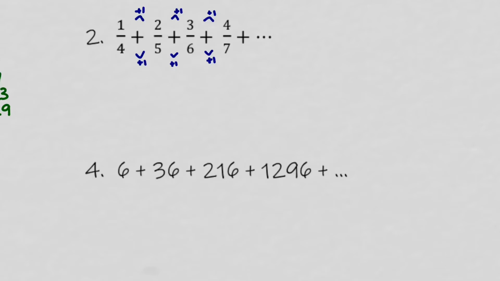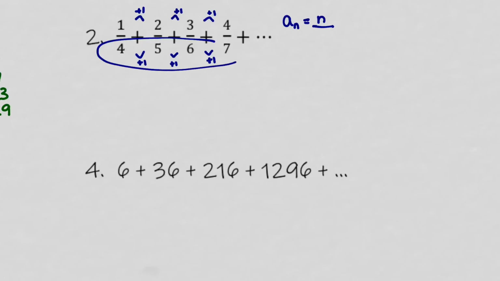But what I can see is on the top of each of my fractions, I have its place number, okay? I have my n. My n value is 1 in this first term. It's 2 in this second term, okay? So I know on the top for my rule, I'm going to have n. And then on the bottom, well, it's adding 1 each time, so I know the bottom is linear.